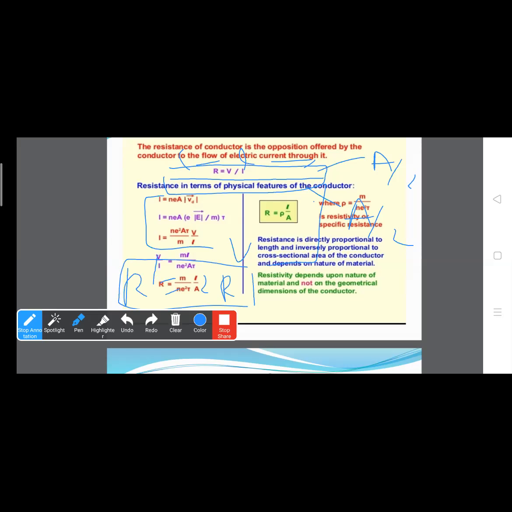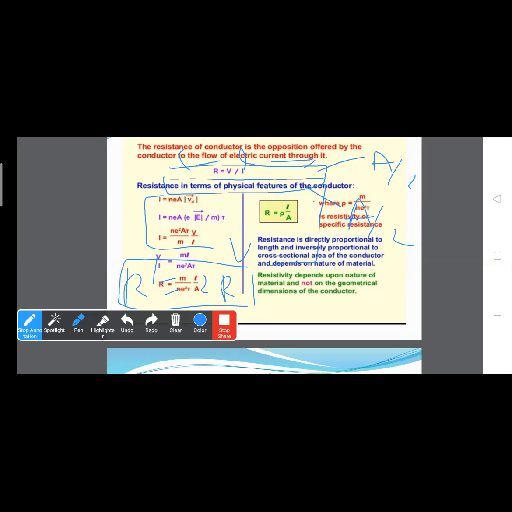It means if we halve the area of cross section of the conductor, the resistance is increased 2 times. The resistance of a conductor is inversely proportional to the area of cross section. If we halve the area of the conductor, the resistance is increased, and if we increase the area, resistance is decreased.